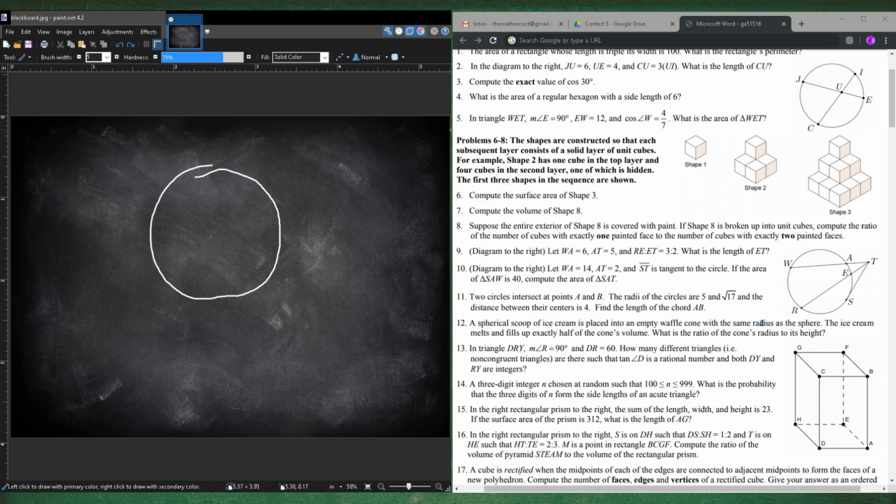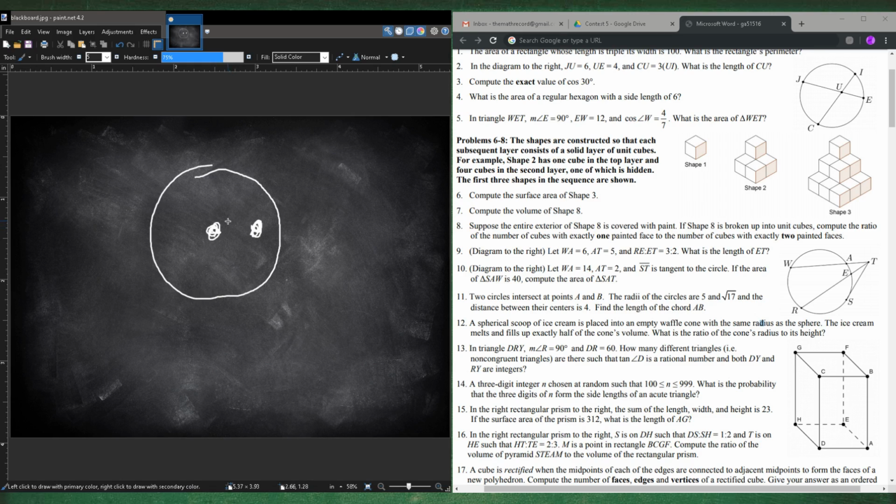So we have to think about this first. They said the circles are radius 5 and square root 17, and the distance between their centers is 4. So if you have something with radius 5, and its distance is 4, let's say the center is right here. So they're going to intersect, and that's square root 17.